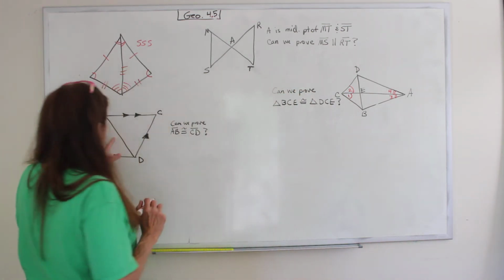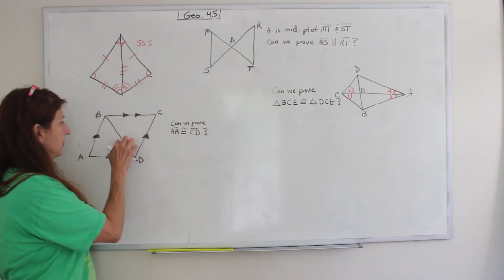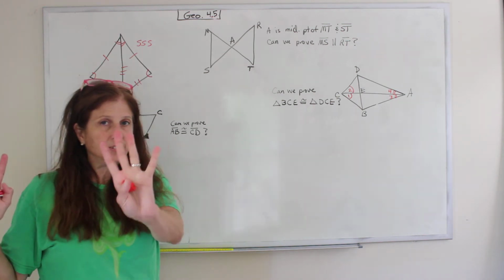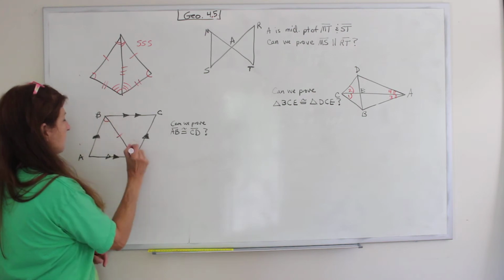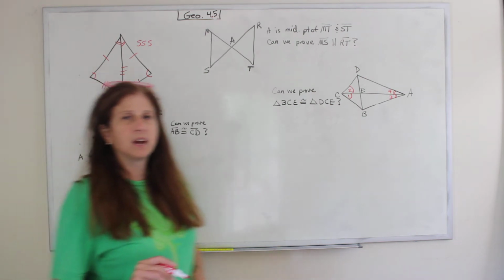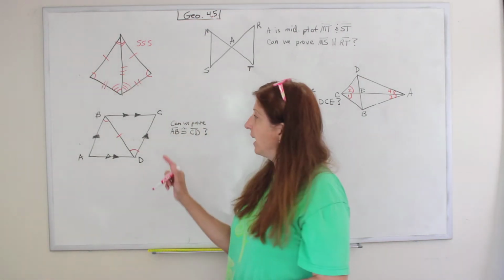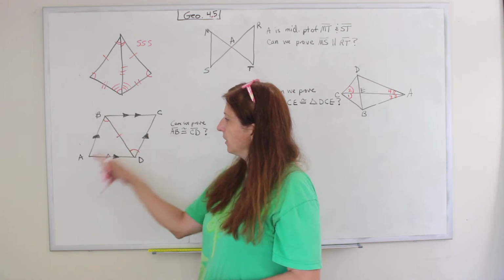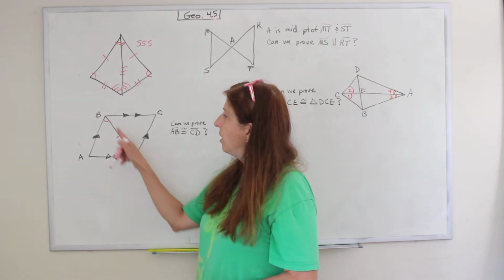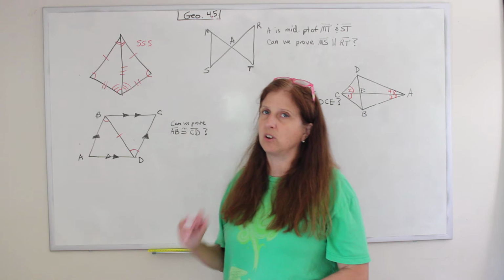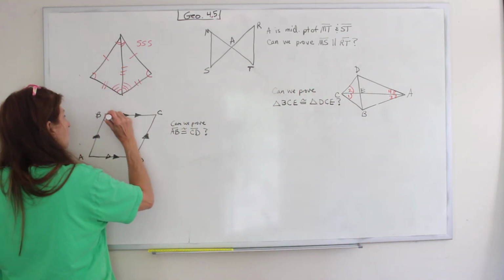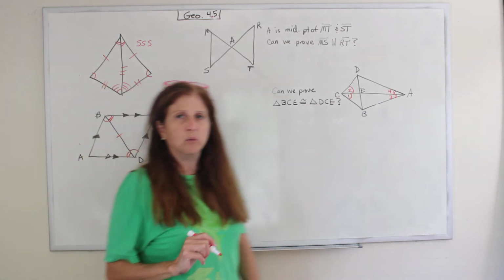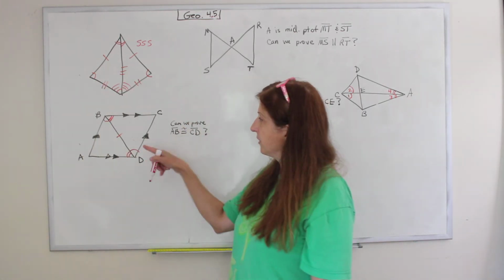We know this is reflexive and congruent to itself, and this angle is congruent to that one because of alternate interior angles. If you have parallel lines cut by a transversal, alternate interior angles are congruent. And this angle is congruent to that one because of alternate interior angles.